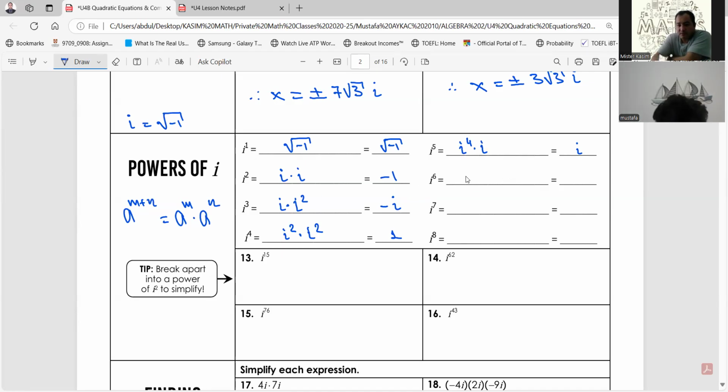And i to the power of 6, we can write as i to the power of 4 and i squared. i to the power of 4 is 1, i squared is negative 1, it should be negative 1. Now, can you calculate i to the power of 7, Mustafa? i to the power of 7. Yeah, what is it?